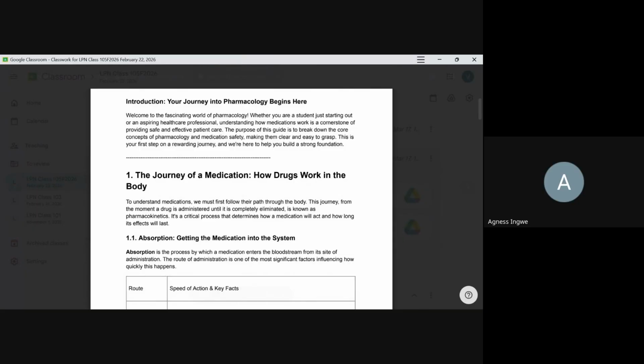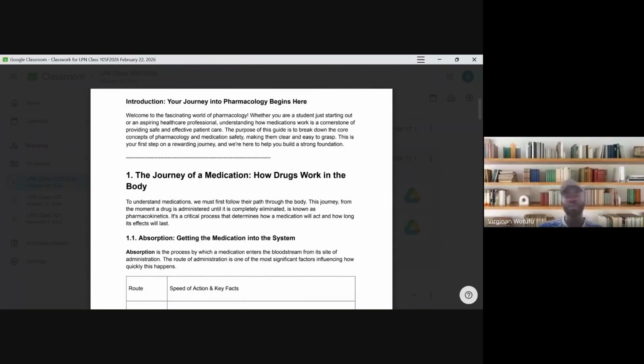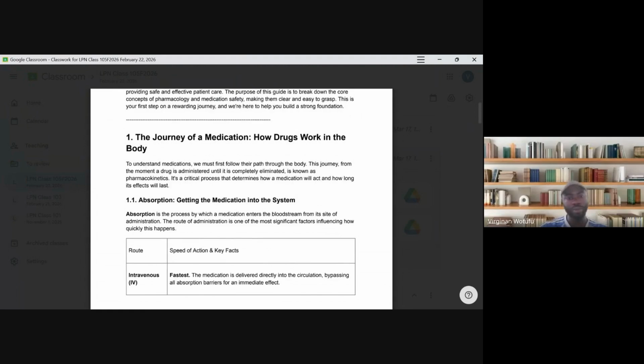Yes. Okay. So, like I said, we'll start from routes of administration, right up to elimination and safety aspects in medication administration, in high alert medication administration. So now let's first of all go through the routes of administration.